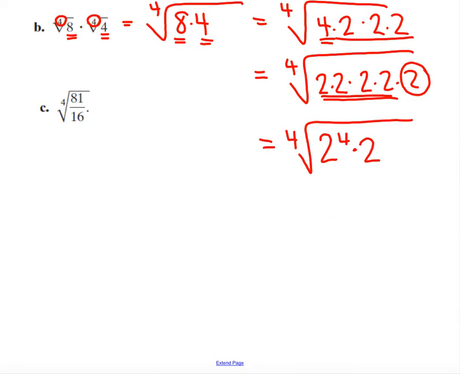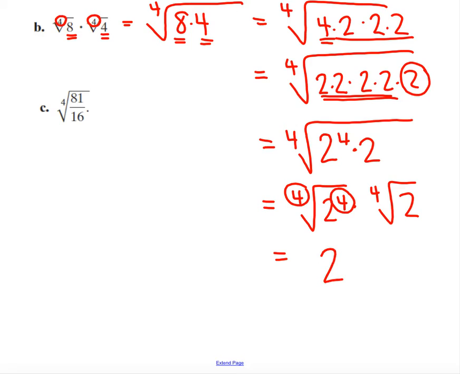All right, now I'm going to separate out 4th root of 2 to the 4th times 4th root of 2. Notice the index and the power match up, so that's a perfect root. So that reduces down to 2. This one does not have a group of 4, so that stays underneath as 4th root of 2.